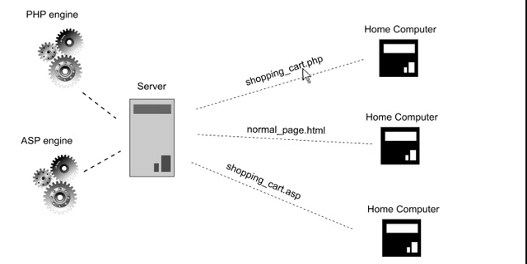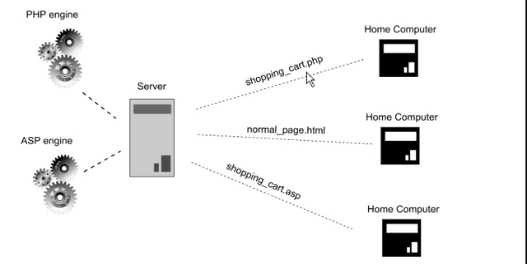And when the server sees the .php extension rather than the .html extension or the .asp extension, and there are many other types of extensions, it knows to send this page that happens to be sitting on the server to the PHP engine for processing. So we've learned a couple of things here. First of all, the extension on the end of a page tells the server how to process a particular page.